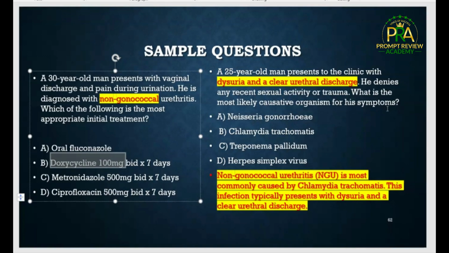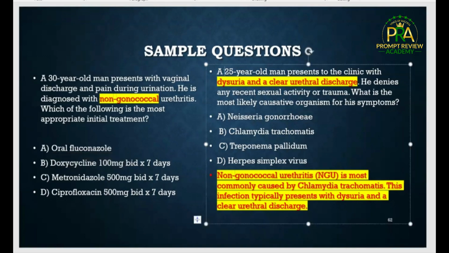If you look at the buzzword, this person is 25, so we will be thinking that this is an STD. They said dysuria, which means painful. Remember that with chlamydia, they will say it hurts when I pee. So that is dysuria, painful urination.